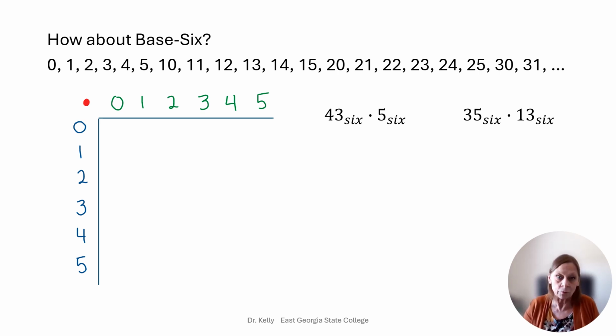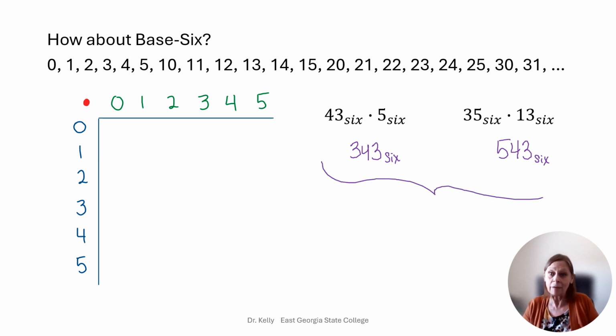The solution for this one here is 343 base 6. And the solution here is 543 base 6. And if you can't find these and you can't figure out how to compute them, let me know, and I'll do a little answer thing.